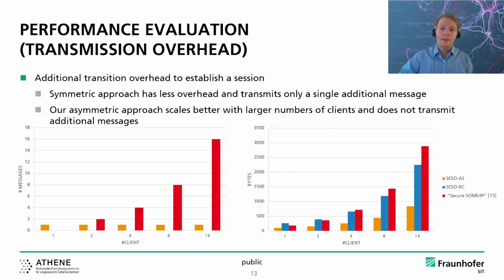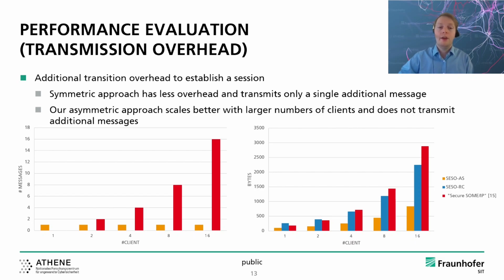Secure SOME/IP, here in red, needs one additional message for every client to initiate the key exchange. Moreover, we measured the additional bytes transferred for every cryptographic extension. A full key exchange of our symmetric approach SESO-AS needs the least number of additional bytes.